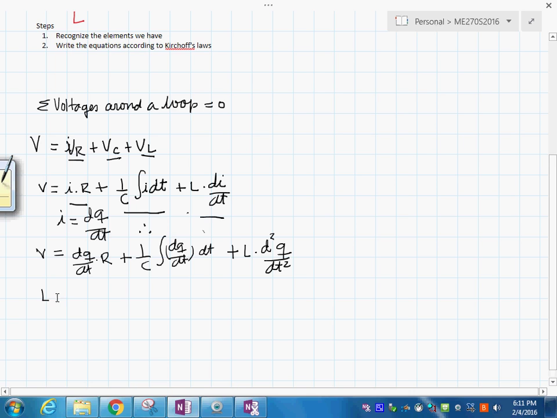You can say that L times d squared q dt squared is equal to v minus R times dq dt minus 1 over C times q. See?